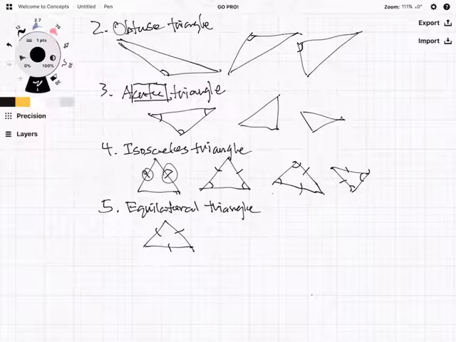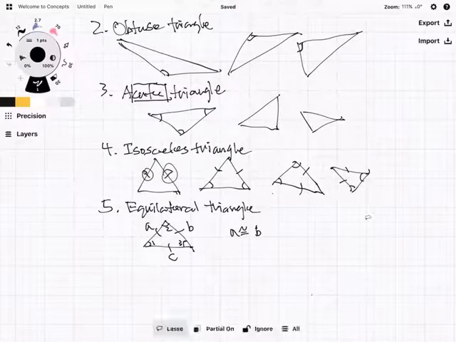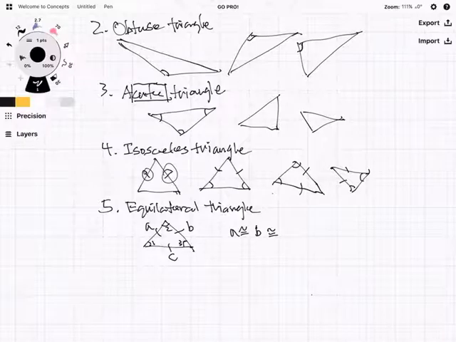So for example, let's have side A, side B, side C, and angle 1, angle 2, angle 3. Side A would always be congruent to side B, and both of these sides would always be congruent to side C.